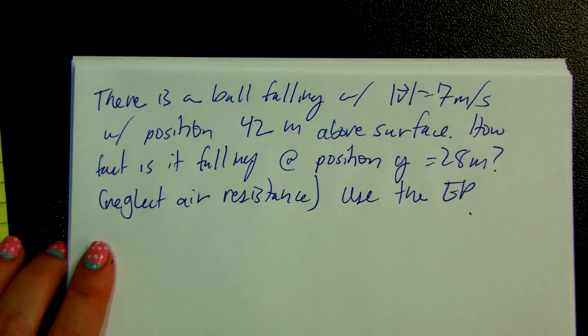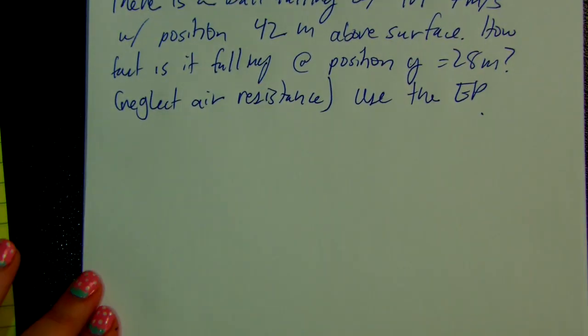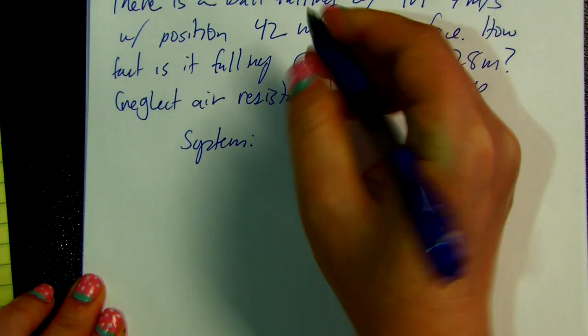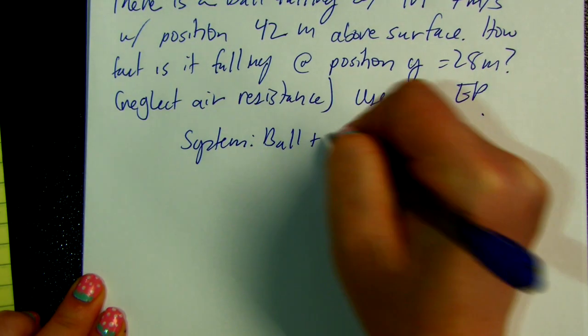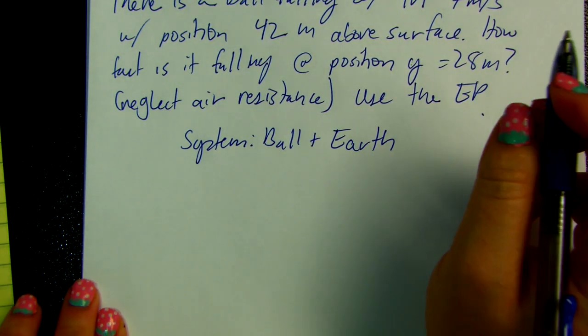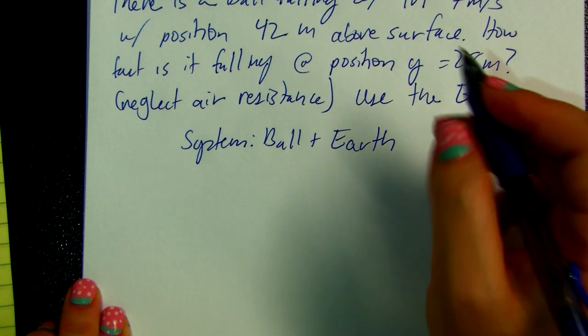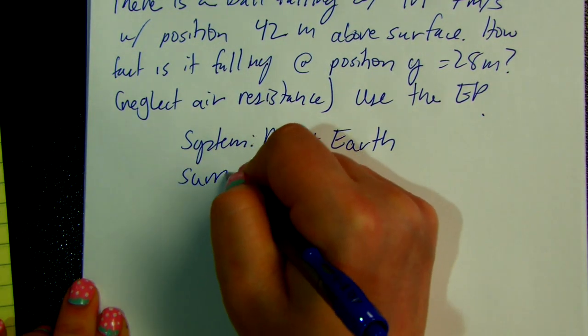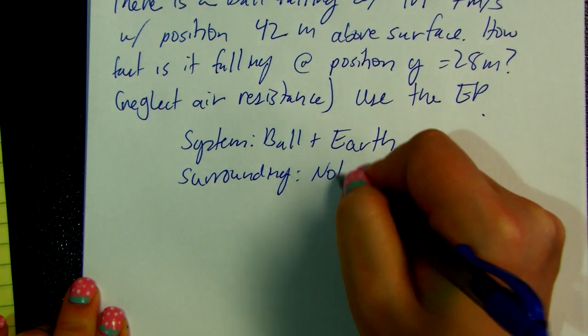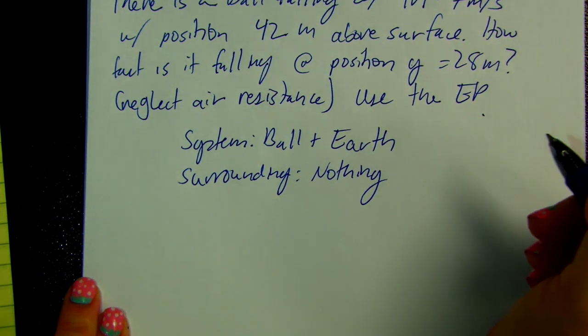Okay, so let's set up our problem. We have our system, which is going to be the ball plus the earth. We want to take advantage of that gravitational potential, so we need both objects in the system. We also want nothing to do any work on the ball. So that puts nothing of interest in the surroundings.